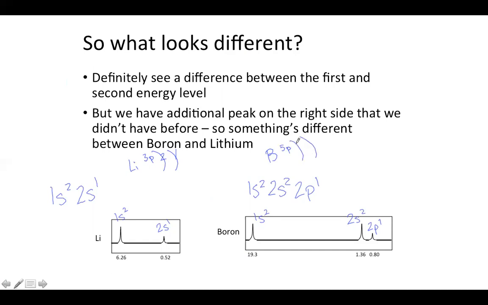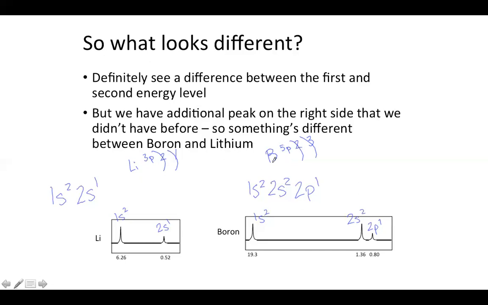Both of them have the same number of principal energy levels, so there's the same number of core electrons in each, but since boron has 2 more protons in its nucleus compared to lithium, boron's nucleus has a greater attraction for its valence electrons and even its core electrons than lithium would.